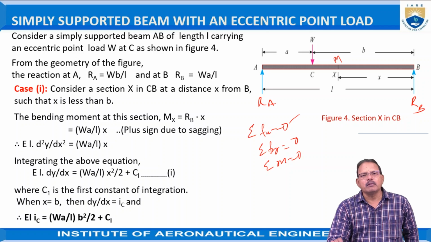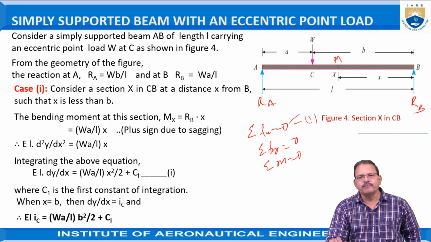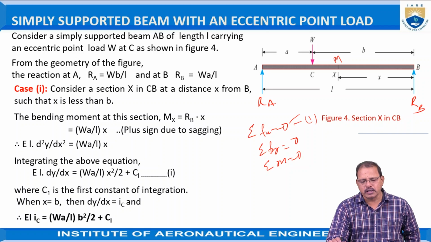Since in this problem no forces are acting in the horizontal direction, equation number 1 is not applicable. The second equation is sigma Fy equal to 0. That means the sum of the forces acting in the downward direction should be equal to the sum of the forces acting in the upward direction.